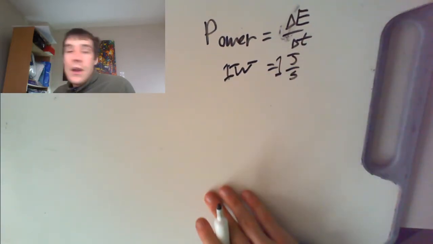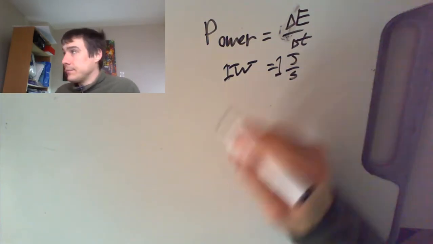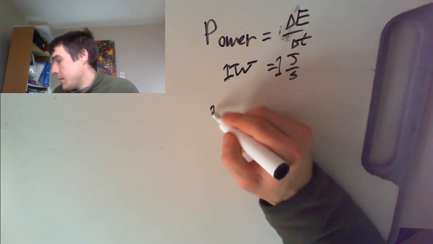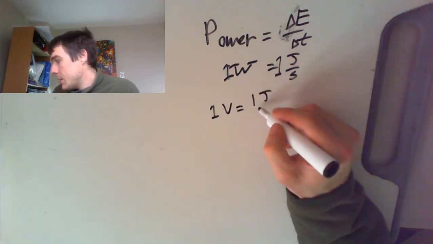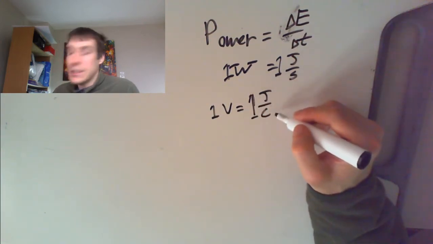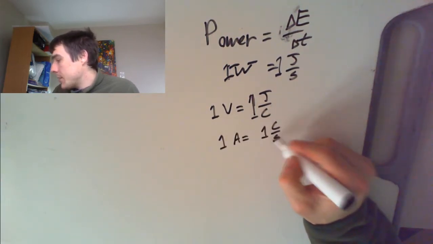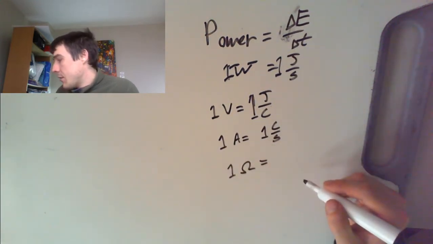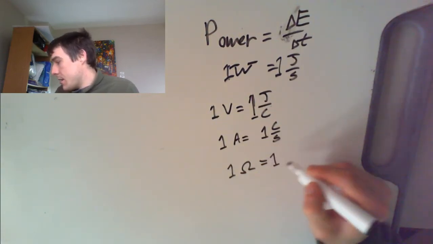Well, we can actually get an equation for power from our equations for electricity. 1 volt is 1 joule per coulomb, the amount of energy per amount of electrons. 1 amp is 1 coulomb per second, and 1 ohm is essentially 1 volt per amp.